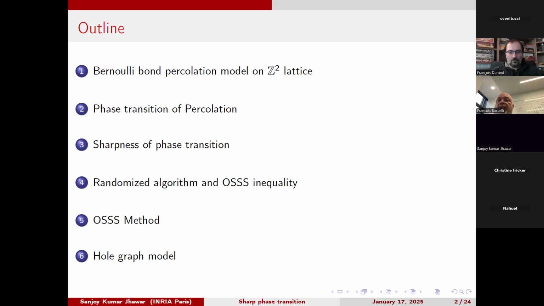Using this inequality and the algorithm, we prove the surface transition. At the end, I'll describe a discrete graph model that we call the whole graph model, and try to see how we can use this OSSS method to derive the surface transition there.